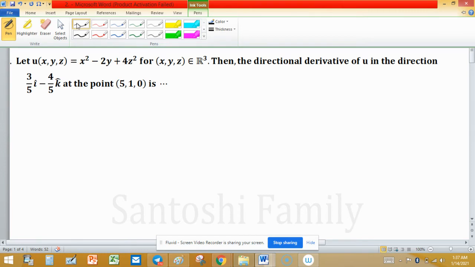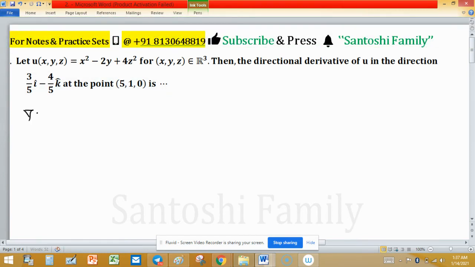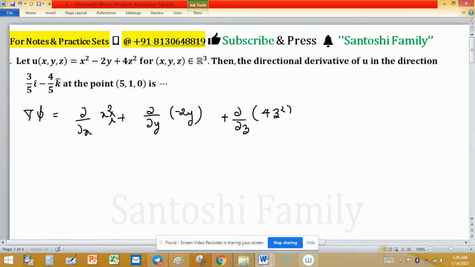To find del phi, del upon del x gives 2x only, because the derivatives of the other terms go to 0, plus j cap del upon del y of minus 2y, plus k cap del upon del z of 4z². It will be 2x i cap minus 2 j cap plus 8z k cap.